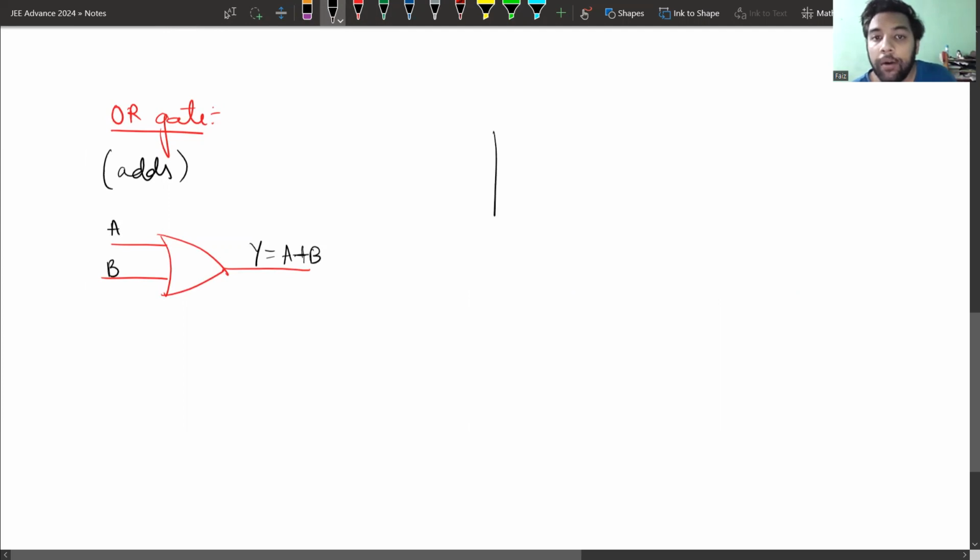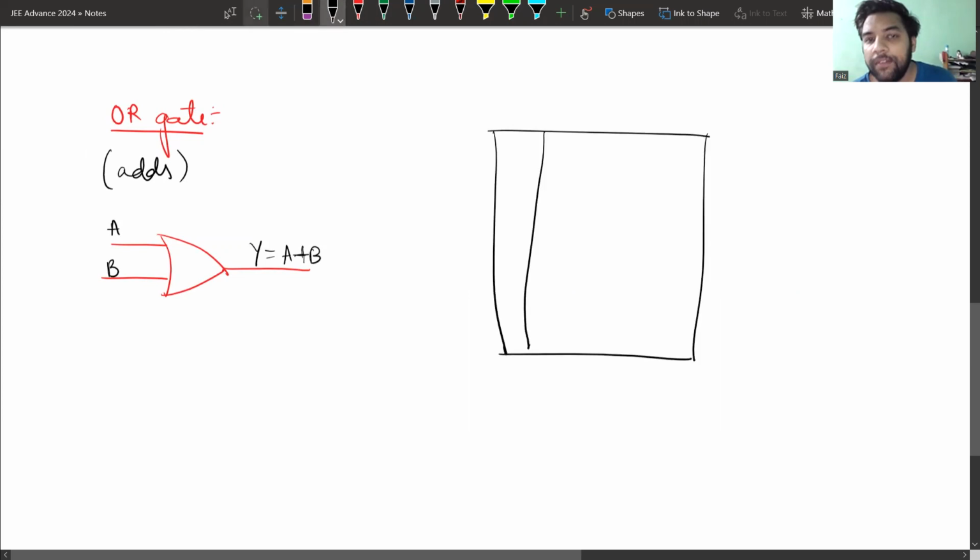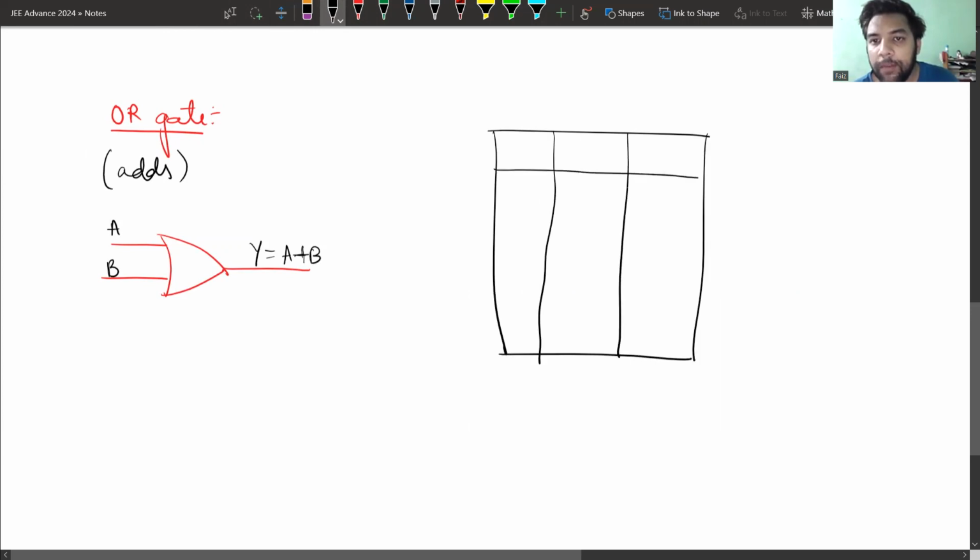Now, what does the truth table look like? Since there are two inputs, A, B, and Y, how did I teach you to write down the possible combinations? 0, 0, 1, 1, 0, 1, 0, 1. As simple as that.